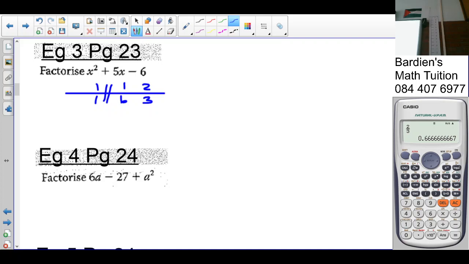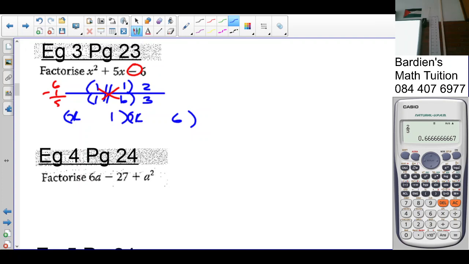You add or subtract the products? Subtract. So 6 minus 1 is 5. Can you see that 1 times 6 is 6, 1 times 1 is 1? You get 5. And that's what I'm looking for. So it's a 1 and a 1, a 1 and a 6. The x squared, so it's x and x.